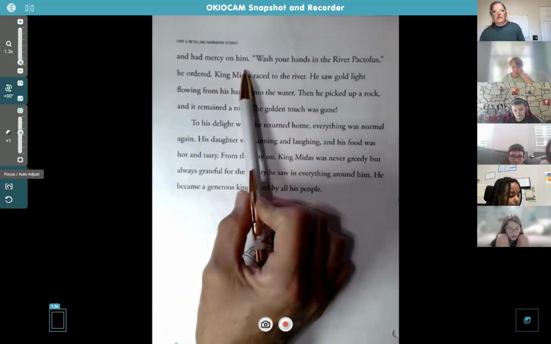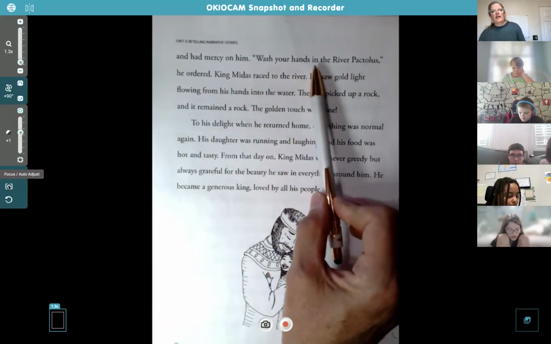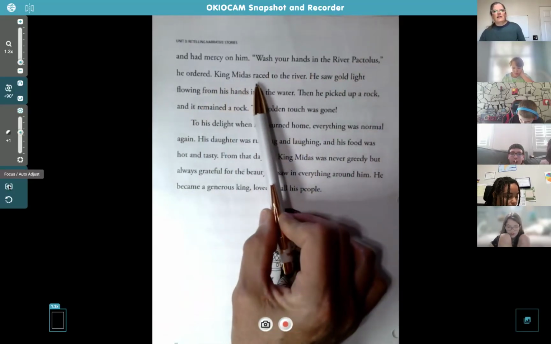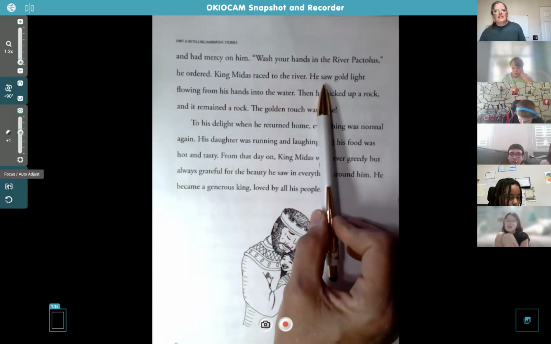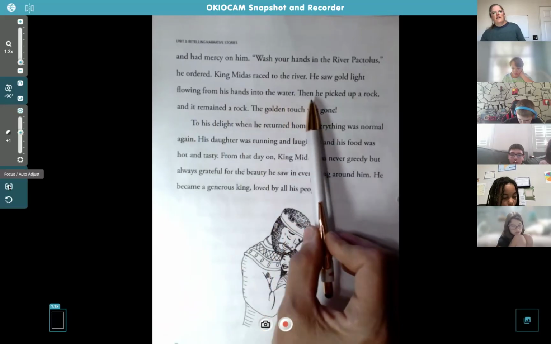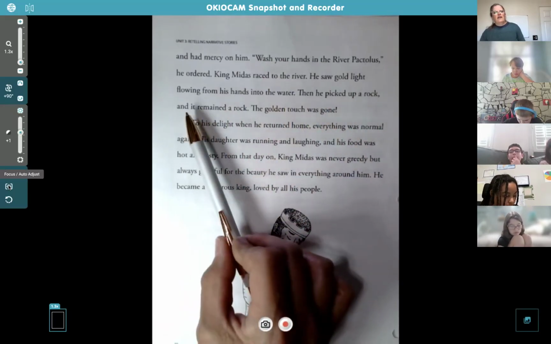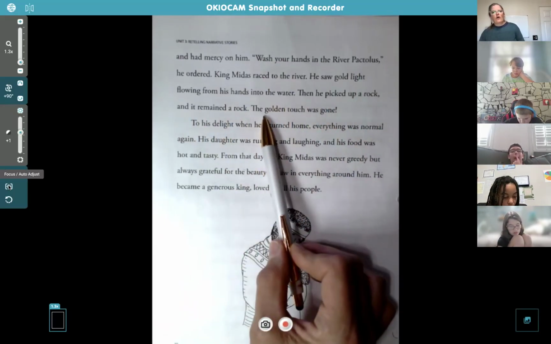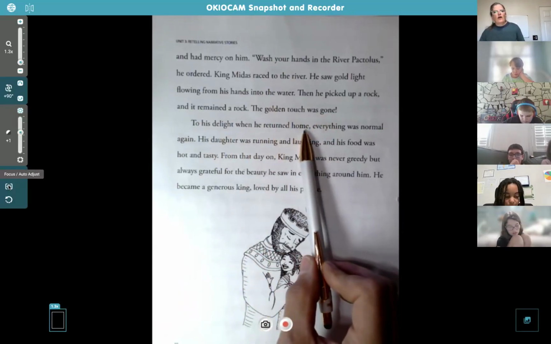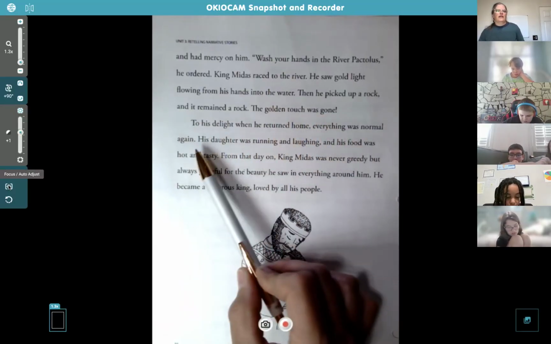Turn it over to the back here. And had mercy on him. Wash your hands in the river Pactolus, he ordered. King Midas raced to the river. He saw gold light flowing from his hands into the water. Then he picked up a rock, and it remained a rock. The golden touch was gone. To his delight, when he returned home, everything was normal again.